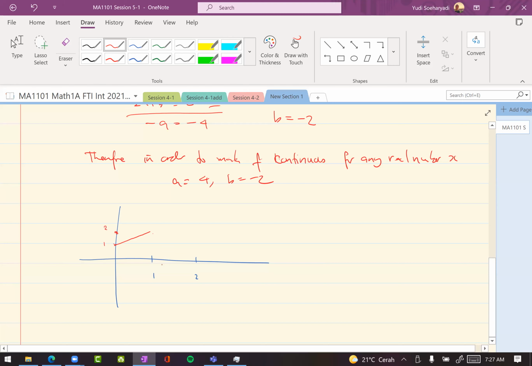This is something that we cannot draw yet. But this is 3x. So when you plug in 2, this is 6. Somewhat quickly, somehow you've got to draw a segment of a line here.